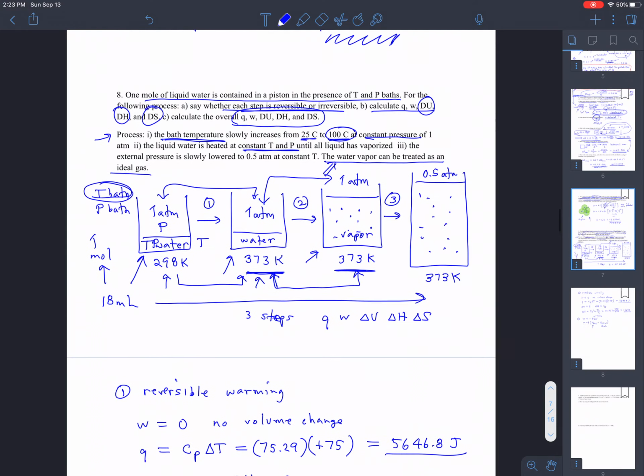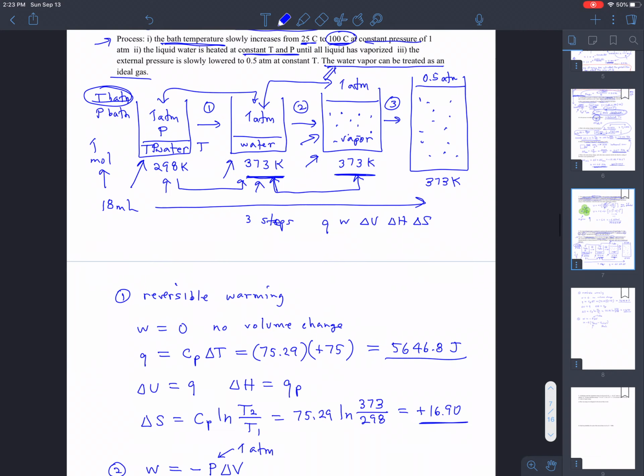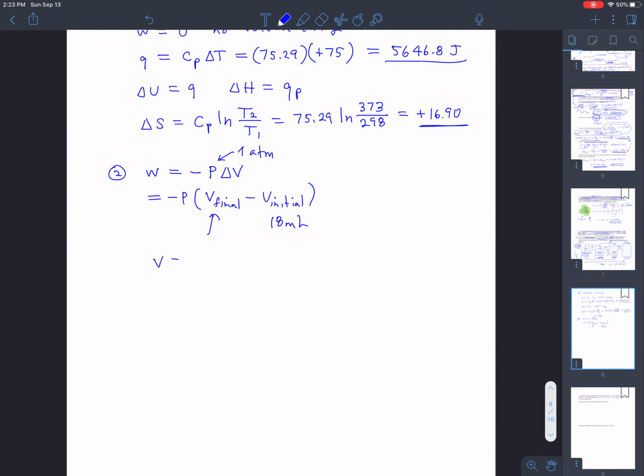The final volume is what? Well, we're going to treat the gas, the vapor, as an ideal gas. So the volume will be equal to nRT divided by P. n is equal to 1. R is equal to 0.08206.